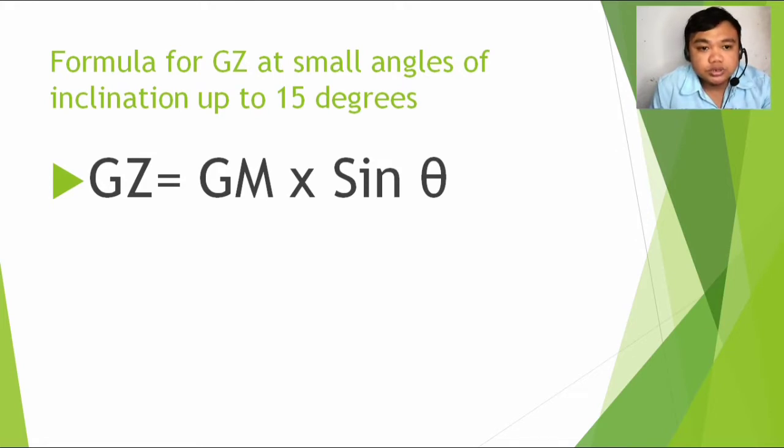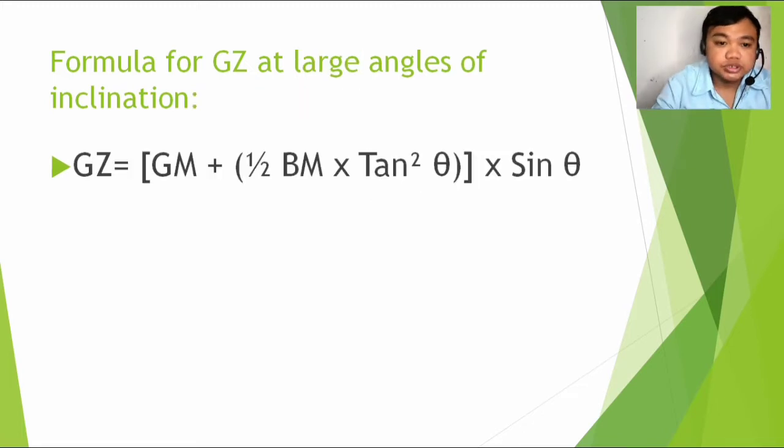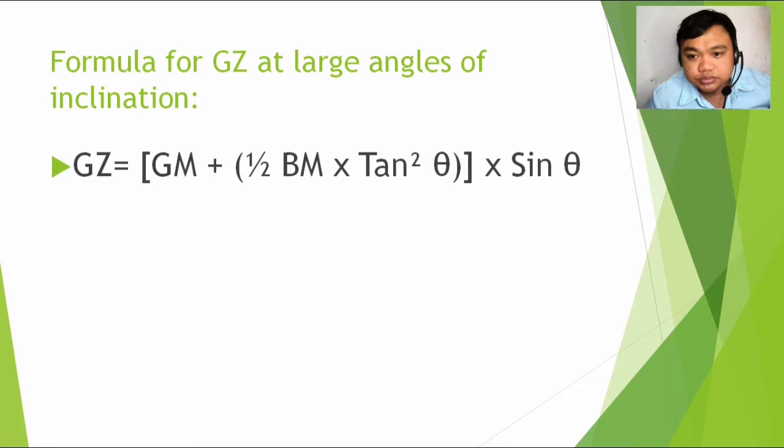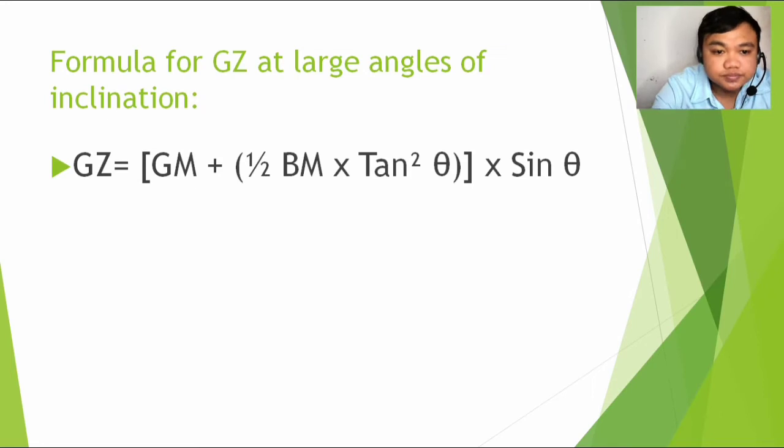Now take note that small angles of inclination is up to 15 degrees only, and more than that is considered as large angle of inclination, and we have another formula for that, which is GZ equals open parenthesis GM plus 1/2 BM times tangent squared of the heel, close parenthesis, then times sine of the degrees of heel.